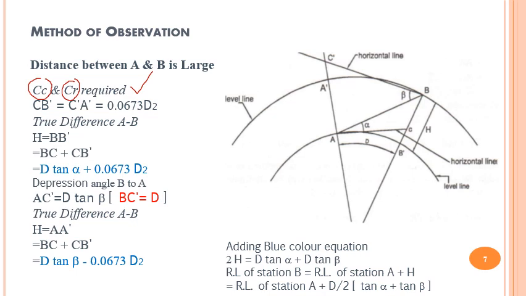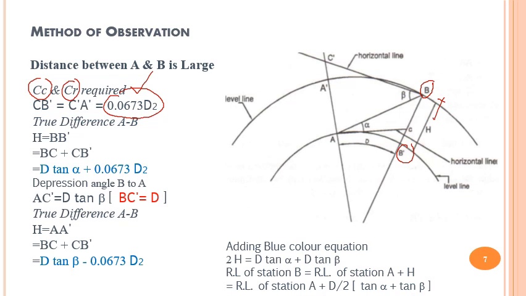Then CB dash is equal to C dash A dash is equal to 0.0673 D squared. We apply the corrections here, and then the true difference A minus B, which is equal to H, is equal to BB dash. This value is referred to as H.